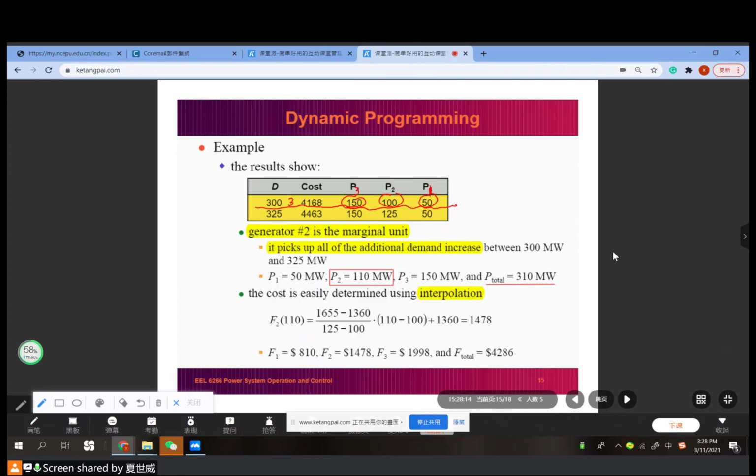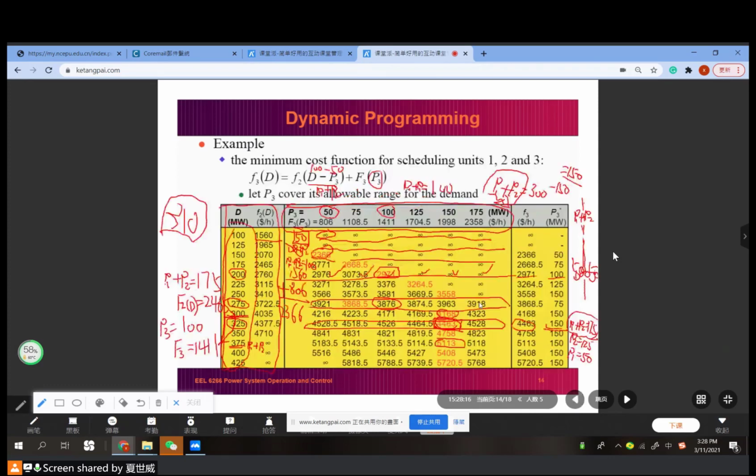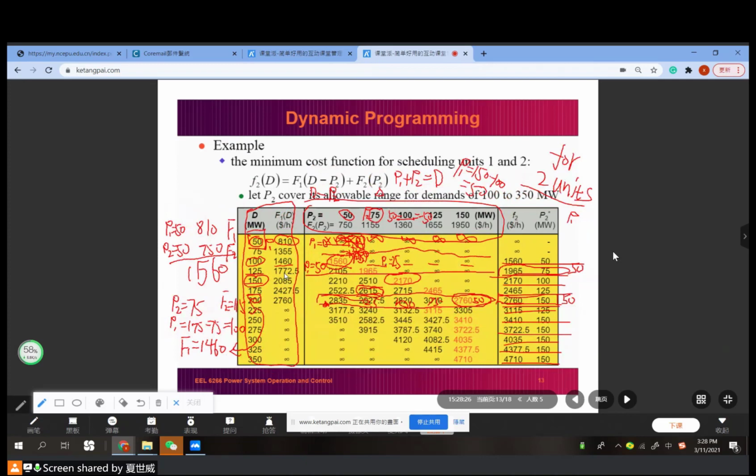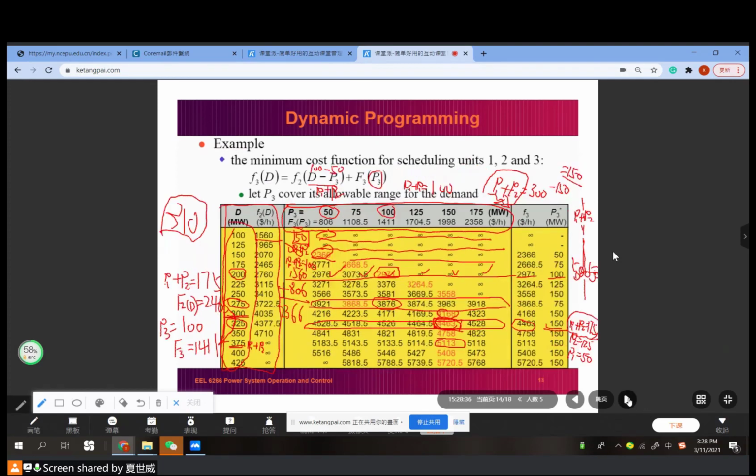Do you understand this step? We first look up table for P3 based on this table, and further for P1 and P2 equals 150, we should find the best solution for 2 generators to support the total load of 150 based on this table. Then you will find P2 equals this, and P1 equals 50. Okay.